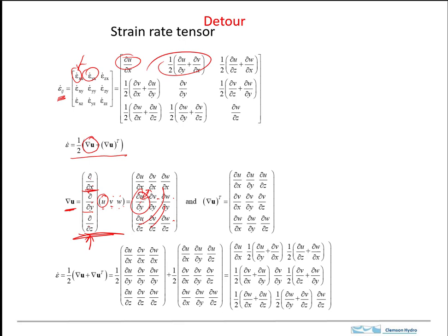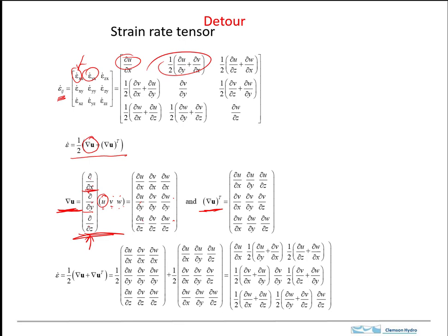So that du dy ends up there, and dv dx ends up there. Okay, so that's the transpose. Let me erase some of this stuff. Okay, so what I've got here is what that means and what that means.